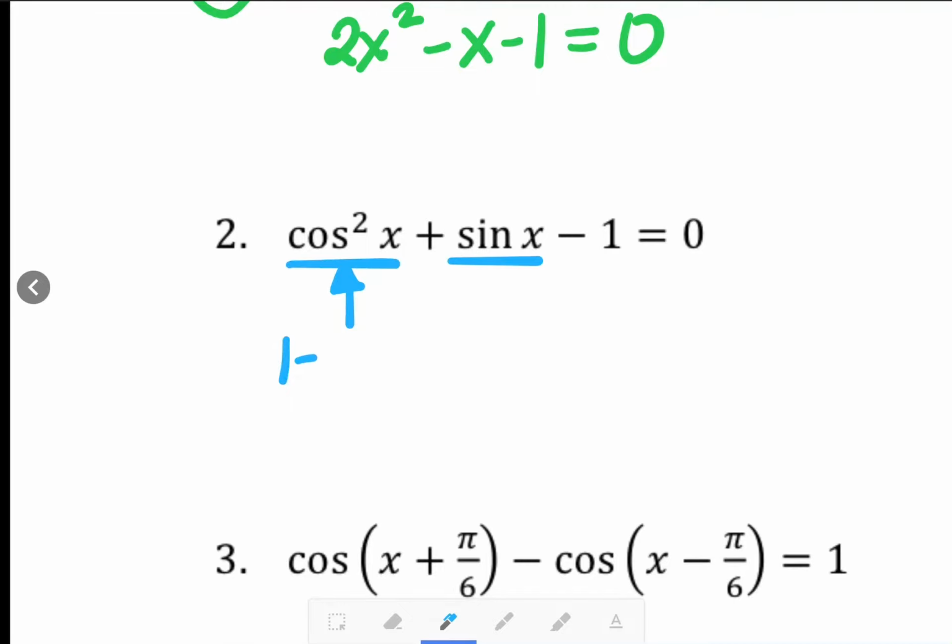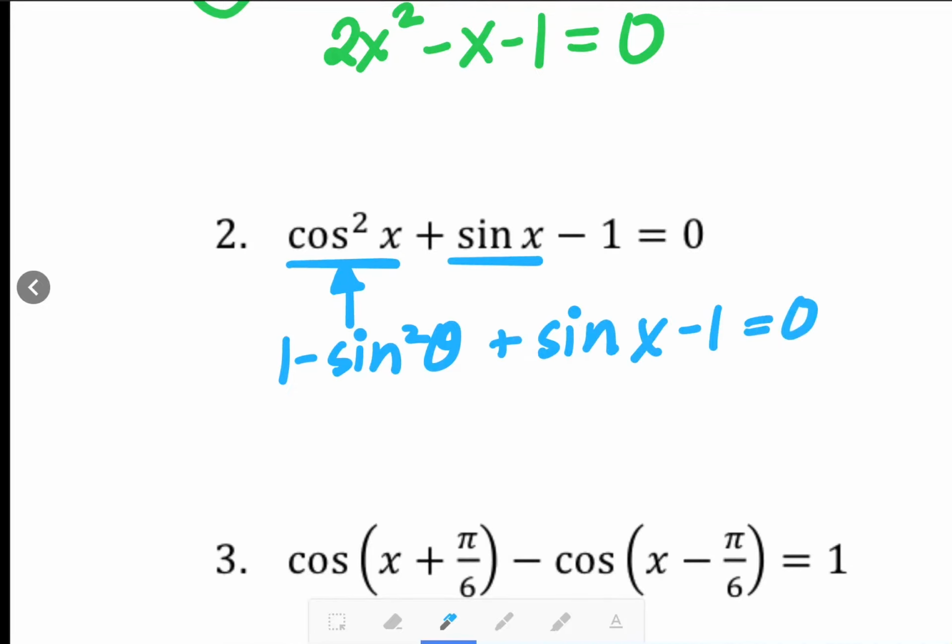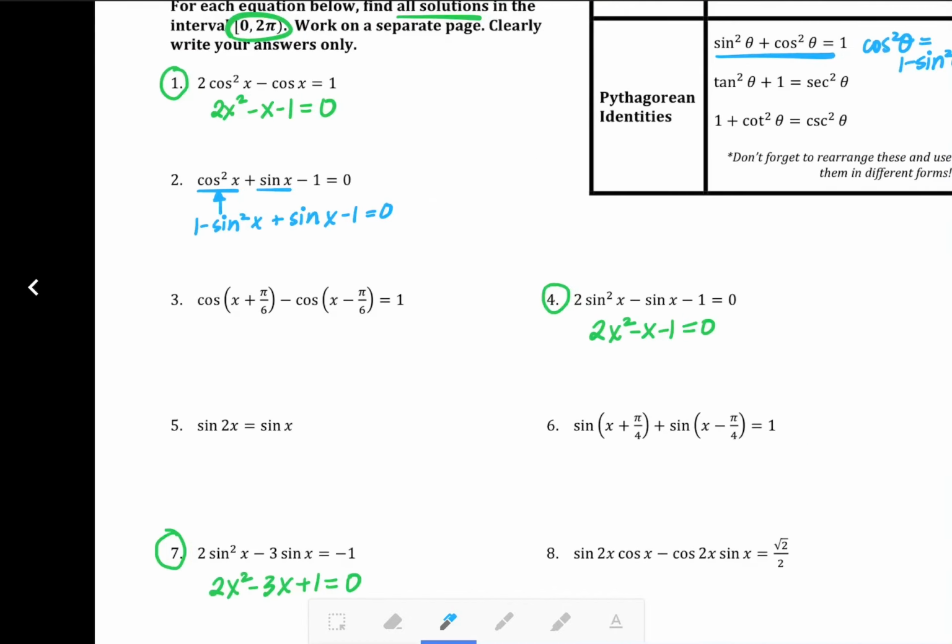So I can just substitute 1 minus sine squared theta into this. And by the way, theta, just like x, they're just variables. So I can go ahead and write 1 minus sine squared x. And now I'm all in terms of sine. Let's try to solve this as if this really was just x, not sine x.